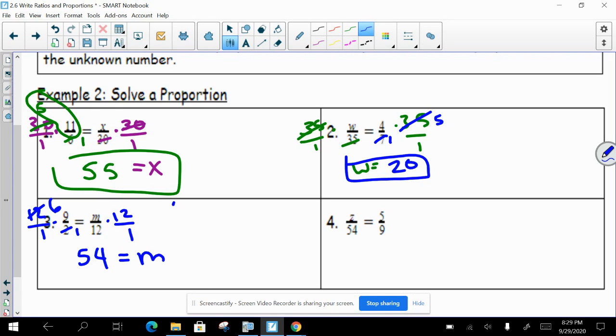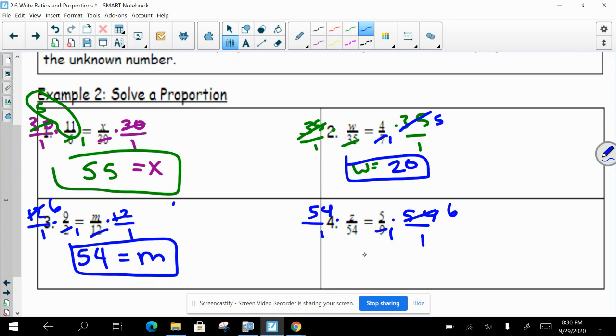So 54 equals m because the 12s cancel over here. On this side, you multiply by 54 over 1. Okay, 9 and 54, we just worked with that problem over here. It would be 1 and 6. So then 5 times 6 would be 30. That's how you do those two problems.